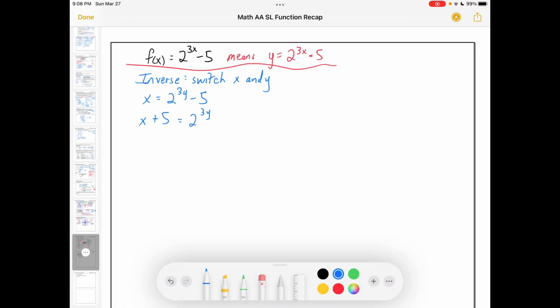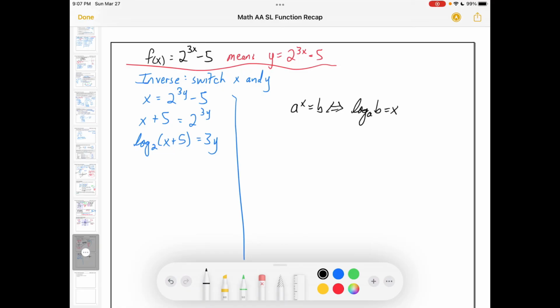I'm going to show what I think is the slickest possible answer first, but then I'll give a bunch of other possible ways that you could deal with this. So what I'm going to do is think that this means a logarithm with a base 2 of x plus 5 equals 3y. That's using the idea that a to the x equals b is equivalent to log base a of b equals x.